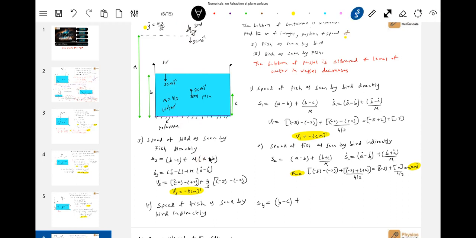So therefore, this will become B minus C, B plus mu times of A minus B, with the real height and apparent height mu times of A minus B. So therefore, this will be C plus B plus.